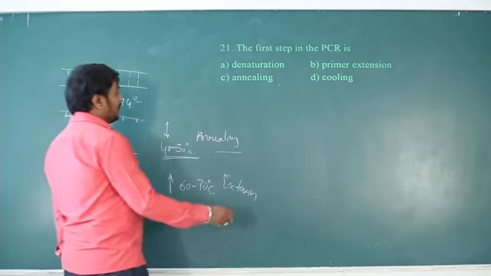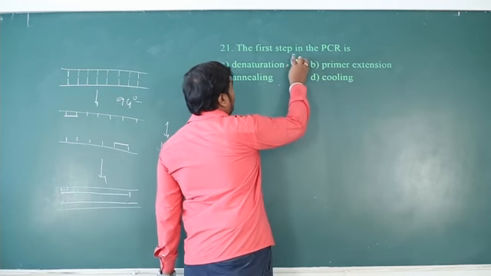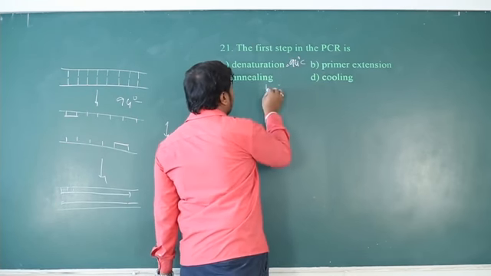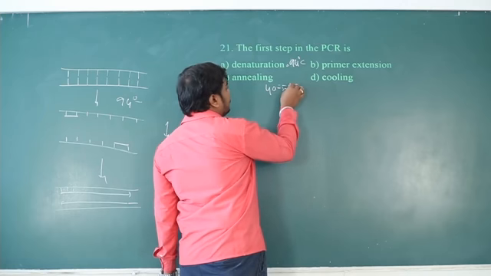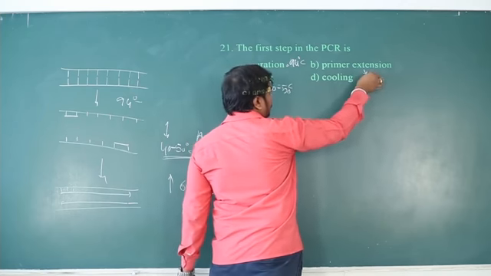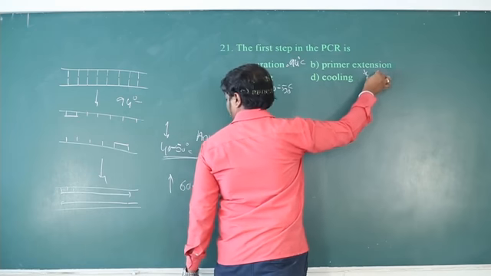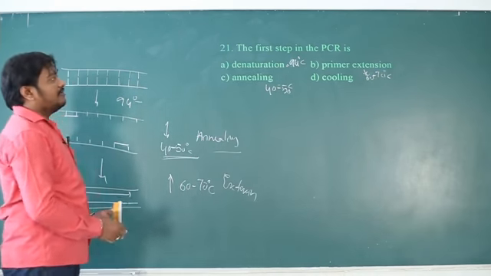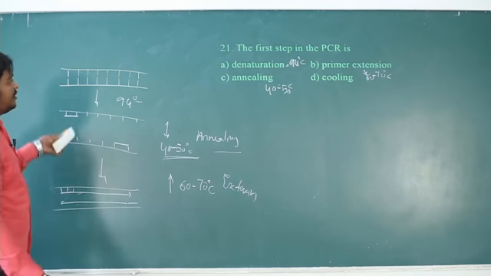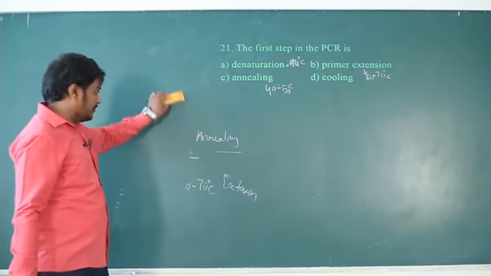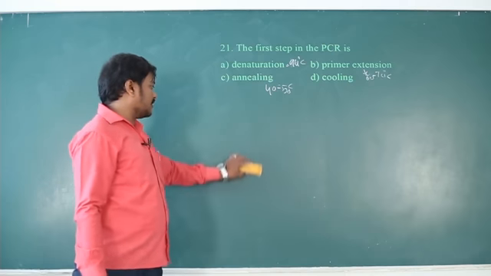Remember the temperatures: 94 degrees centigrade, then annealing temperature 40 to 50 degrees centigrade, then for primer extension it should be subjected to 60 to 70 degrees centigrade. Timings are fixed in a PCR machine, and the Taq polymerase goes on adding the respective nucleotides.